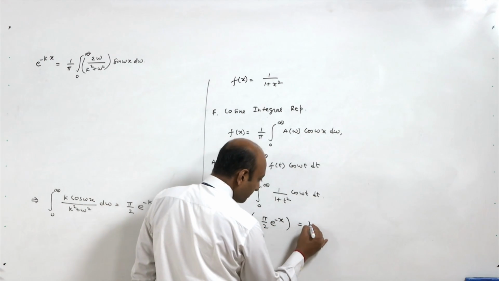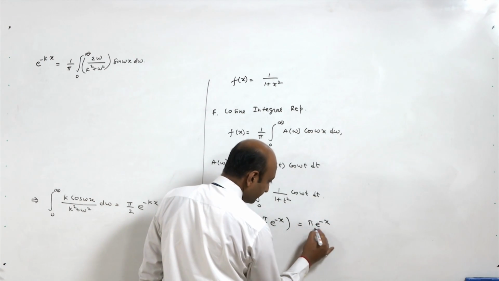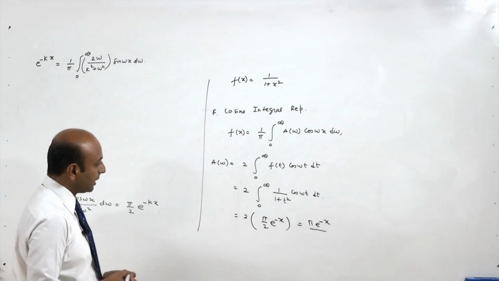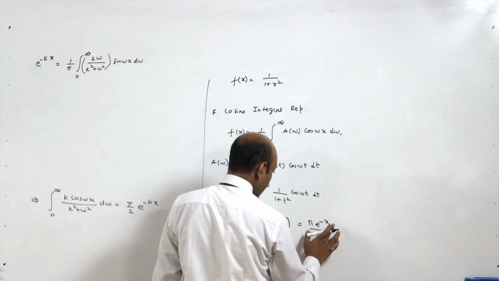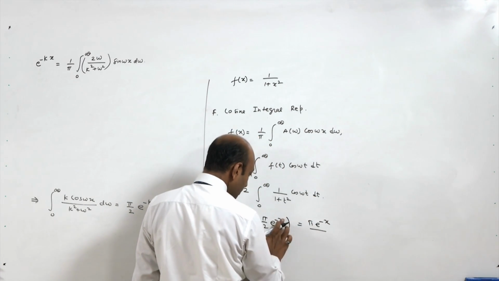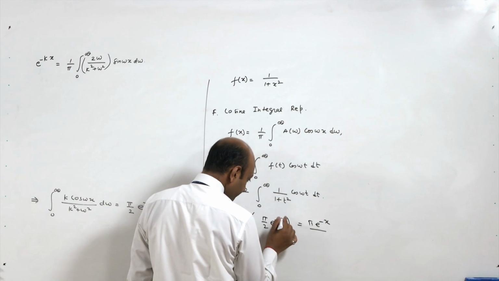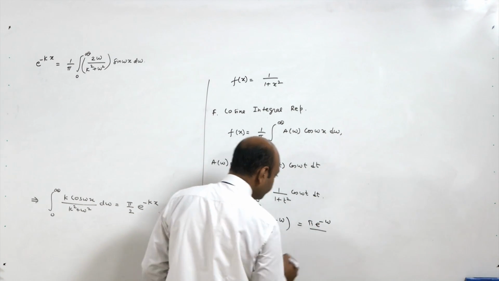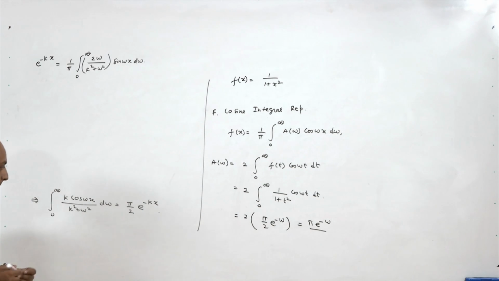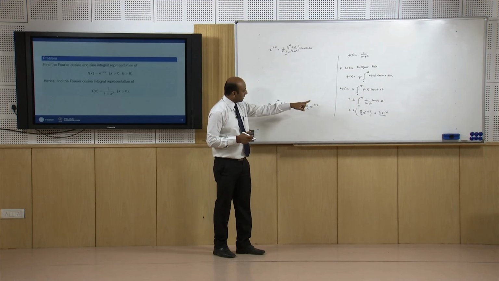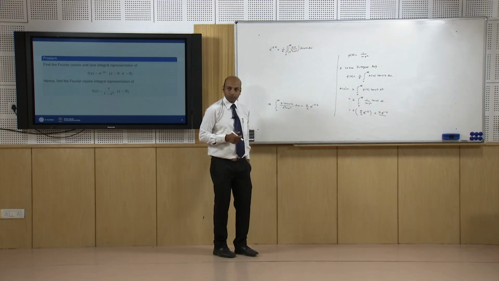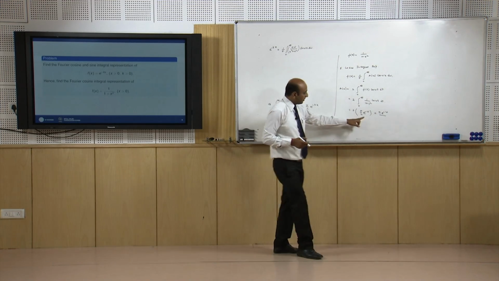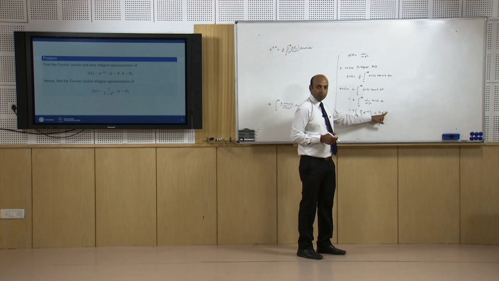So, this is nothing but pi into e raised to minus omega. It is a omega function, so it will be omega, because instead of x we have omega, and instead of omega we have t. That is why here we are having pi into e raised to minus omega.